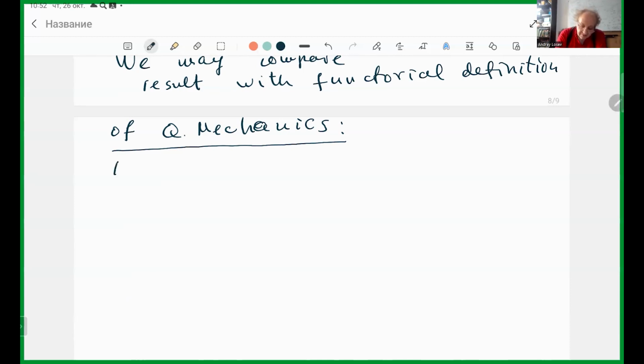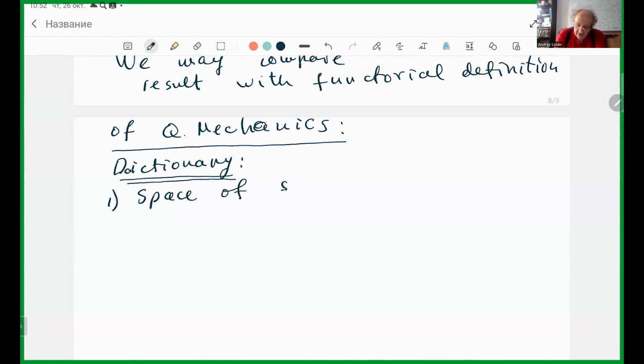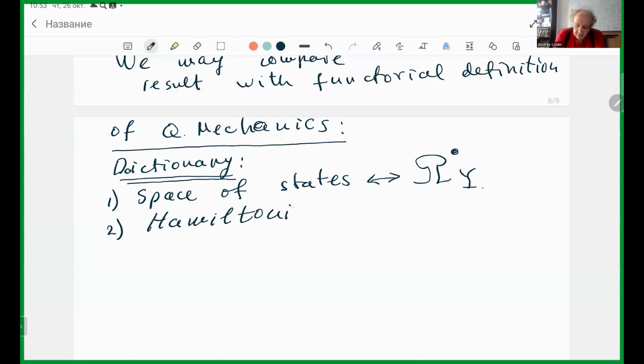What is the language? What is the dictionary? First, space of states: there would be differential forms on Y. Second, Hamiltonian: LV naught, the Lie derivative.